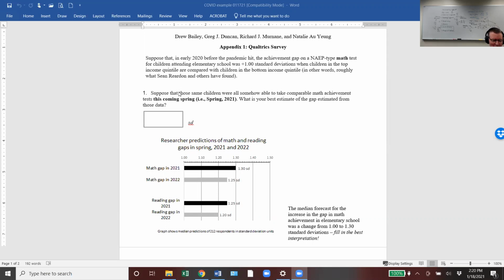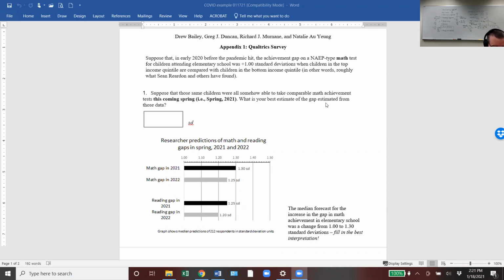So we wanted to know to what extent they thought that 1 standard deviation gap would change as a result of COVID. And we did so by saying, suppose that the same children who were pre-COVID at a 1 standard deviation gap were all somehow able to take comparable math achievement tests in spring 2021, in other words, a few months from now.